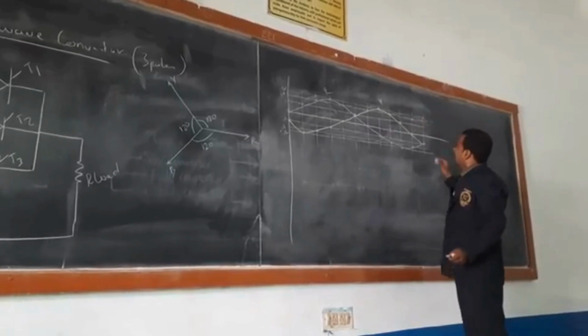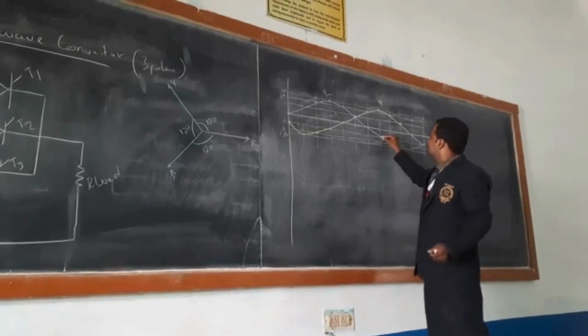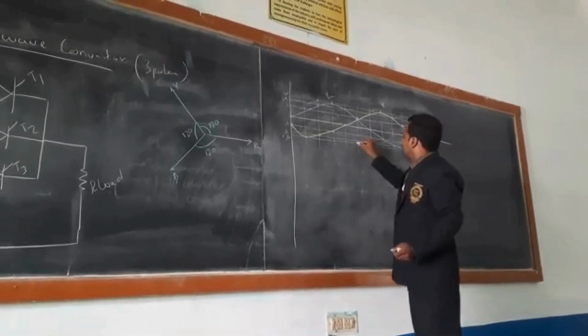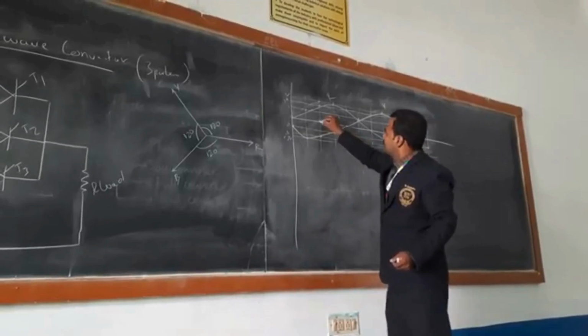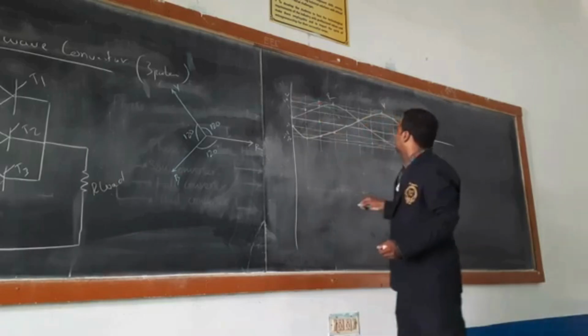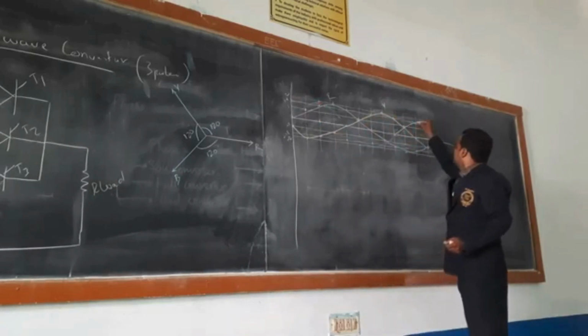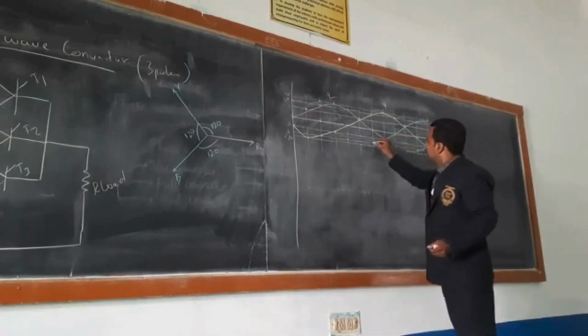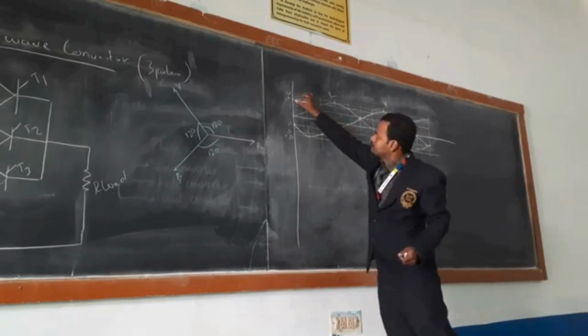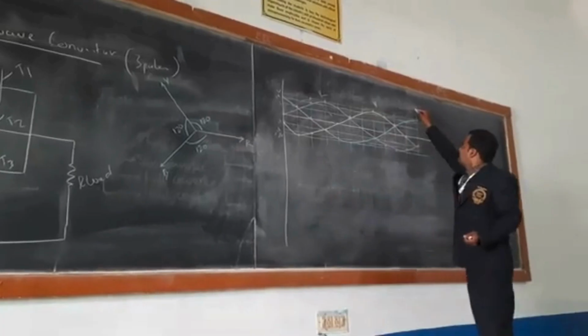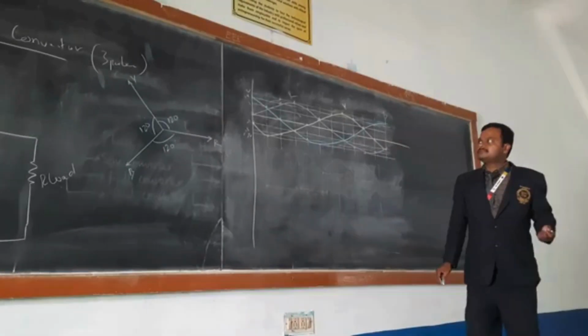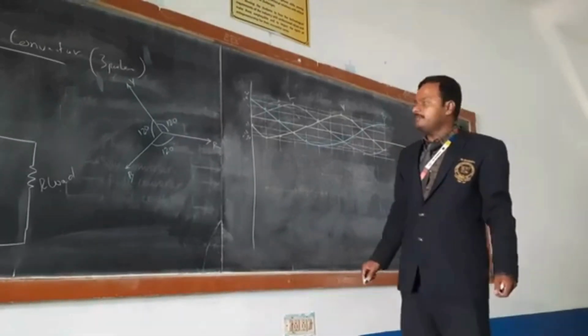Similarly, find all the terms. Complete the graph in reverse. And this is the three-phase supply waveform.